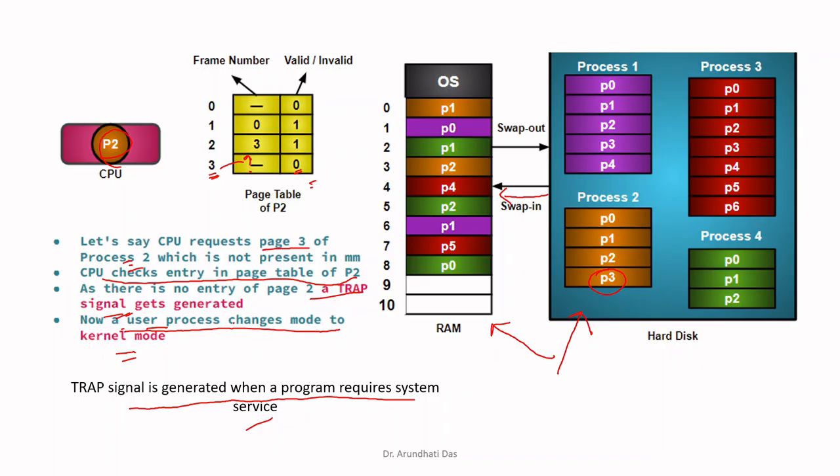Process P2, which is a user process, will generally be in user mode, but since the CPU is requesting something which belongs to P2, it will change the mode to kernel mode, because in kernel mode there is more authority and more support from the operating system. When that swap in happens, no other low-level interrupt can disturb it.